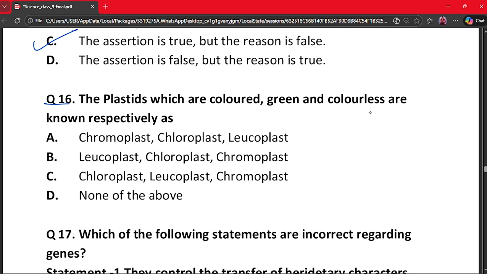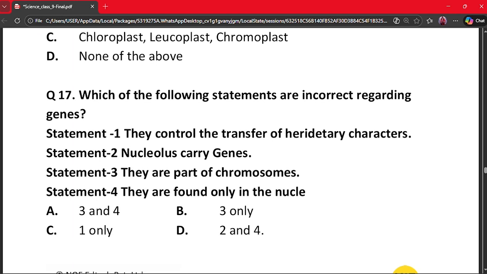So here chromoplasts are colored plastids. Chloroplasts are green plastids responsible for photosynthesis, and leucoplasts are colorless plastids. Hence the correct sequence is option A. Chromoplast, chloroplast and leucoplast.